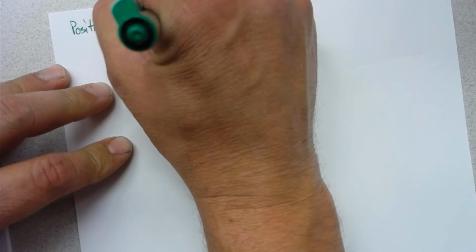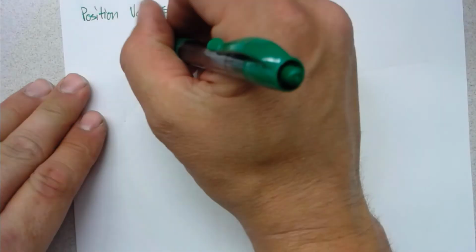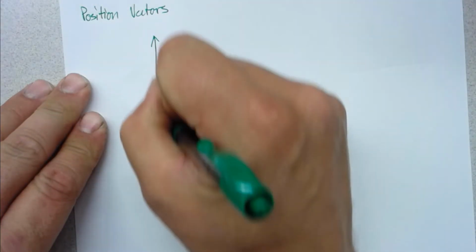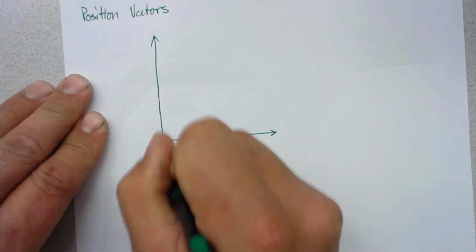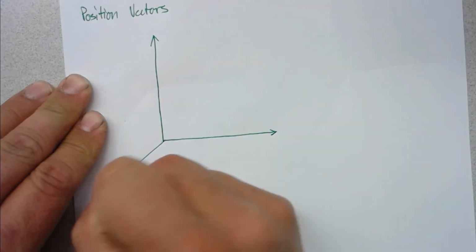So, let's jump into position vectors. Y'all have done position vectors in other classes, likely? Okay. Probably you have. So a position vector, I'm just going to show you, we're not going to spend a lot of time on this because I think you'll get it fairly quickly.